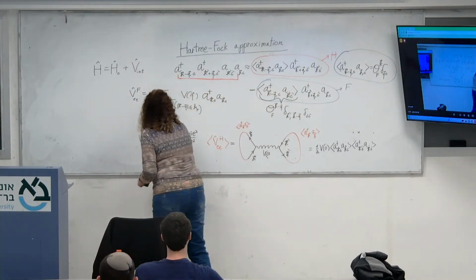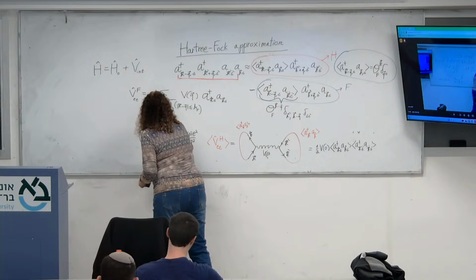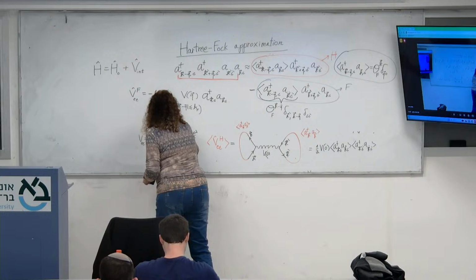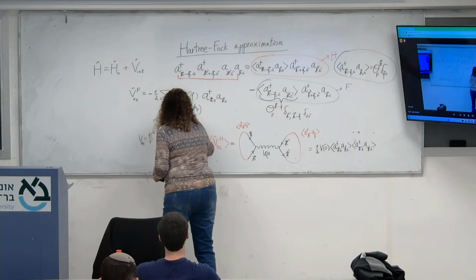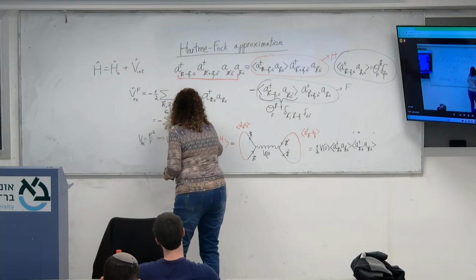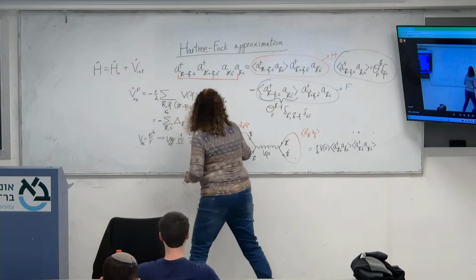So I can rewrite it as minus sum over k sigma of the delta of k, a dagger k sigma a k sigma, where what is delta?